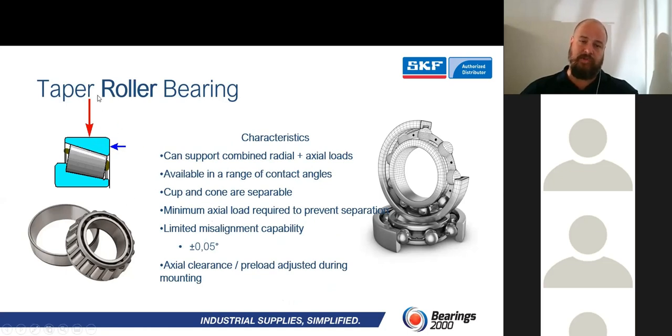We can support a combined load on these units. Available in a range of contact angles, that is usually for the OEM to decide, and for people like us to work with the OEM in terms of making the right selection, going into the production of whatever machine it is. Cup and cone is separable.